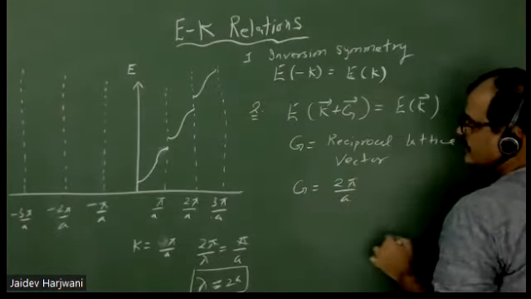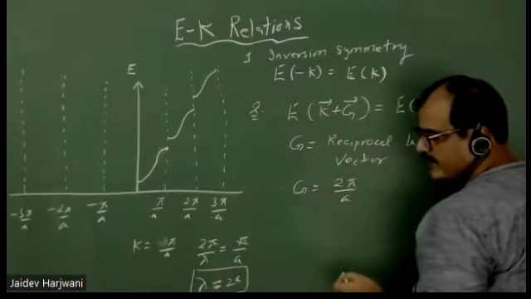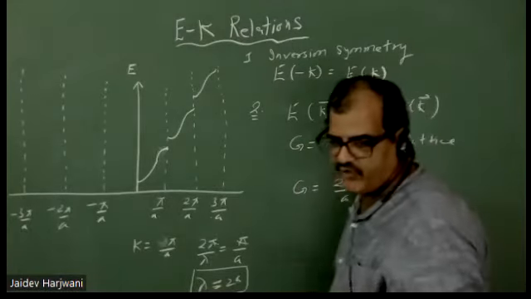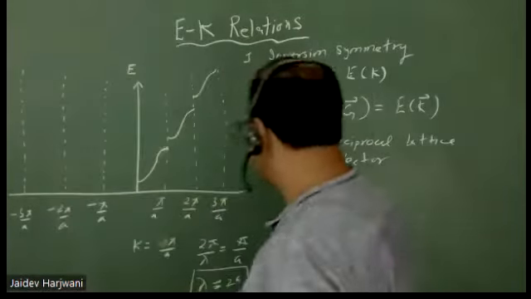That means if you translate your energy from k to k plus 2 pi by a, or 3 pi by a, 2 pi by a, 4 pi by a, that value will be the same. That is translation symmetry.